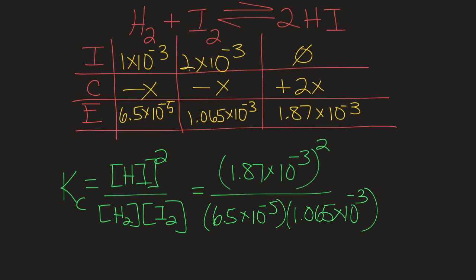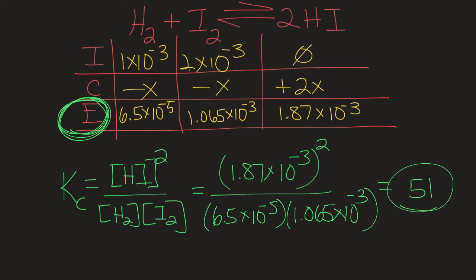Again, this is an equilibrium expression. Therefore, only equilibrium concentrations can go into the equilibrium expression. So you cannot put the initial concentrations into the equilibrium expression. All right, once we plug everything into our calculator and do our math, we get a value of 51.